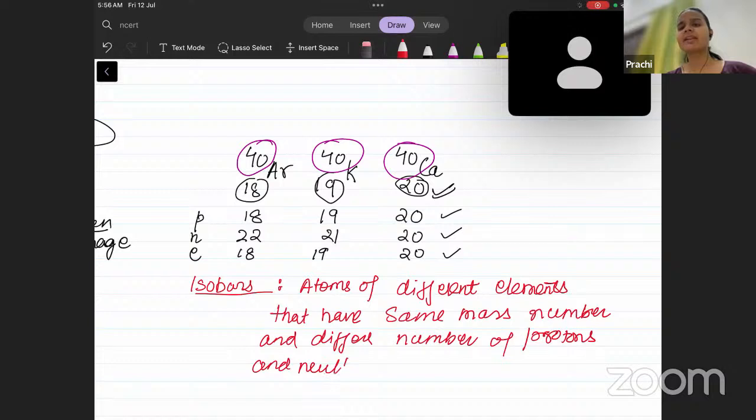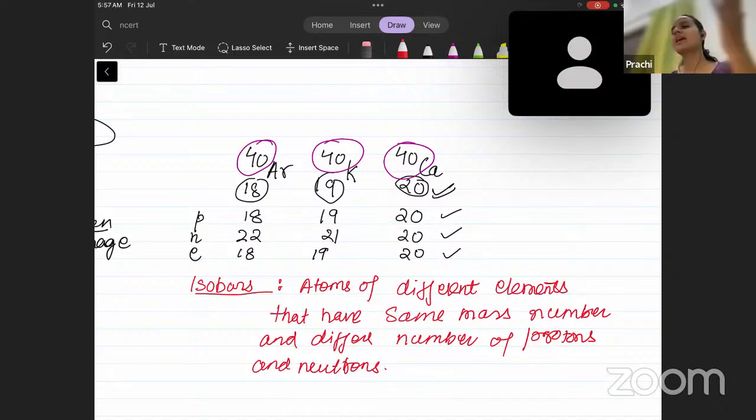Now you might be wondering, how would I get a question based on this? You can get the question in terms of statements. They'll give you 4 statements, such as: isobars are the atoms of different elements which have the same mass number and different numbers of protons and neutrons. Yes, that statement would be correct. Among those 4 statements, they may ask you the number of statements that are correct.